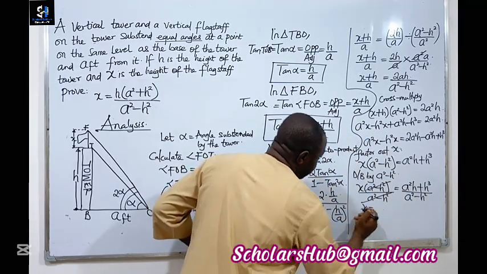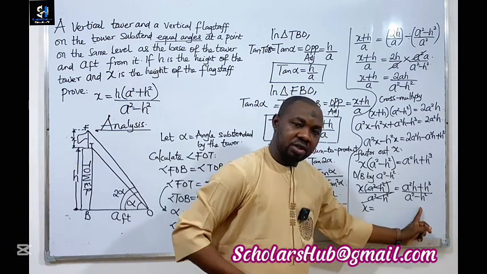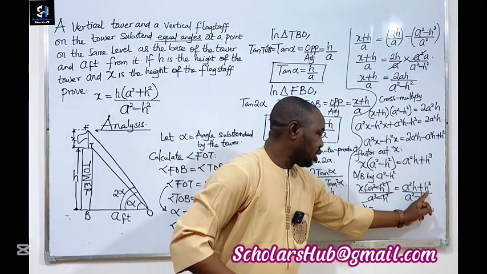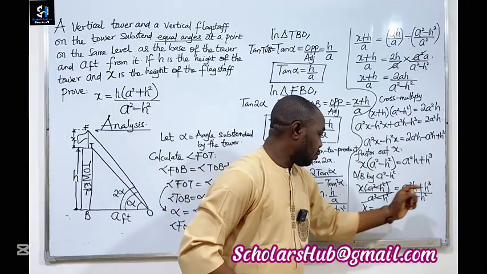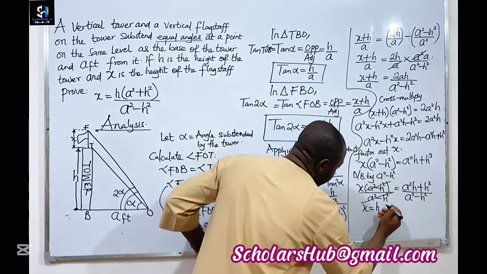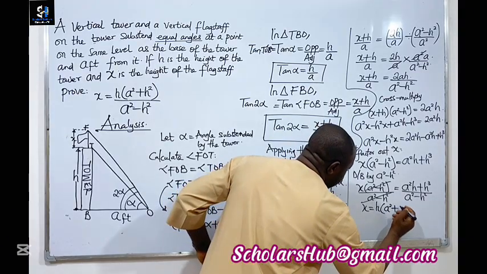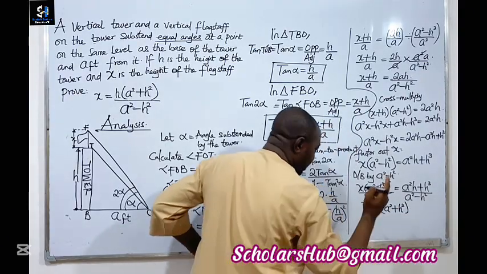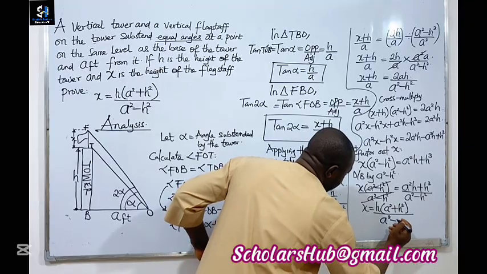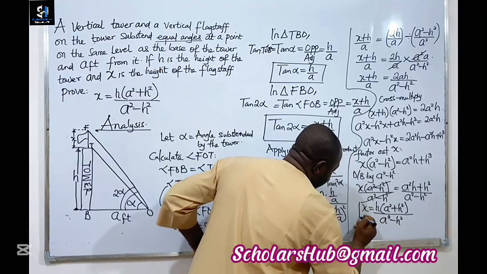So we now have x equals, when we look at the right hand side, we can see that we can factor out one h from what we have here. When we factor out h, we have h into a squared minus h squared divided by a squared plus h squared.